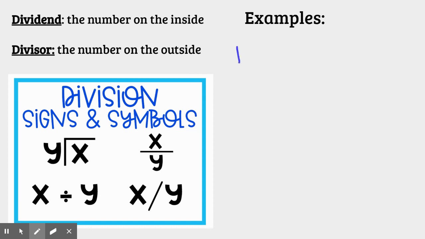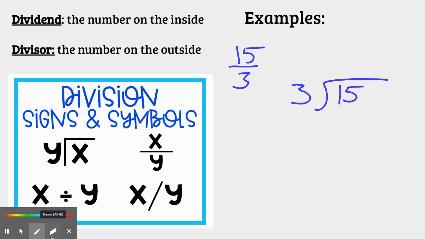So for example, 15 over 3. How do I know which number goes inside? Well, whatever number is on top in your numerator spot will go underneath. Whatever number is on bottom in your denominator will go on the outside.